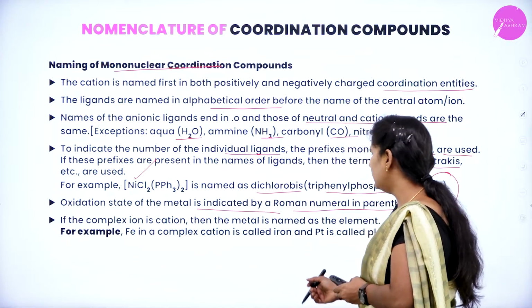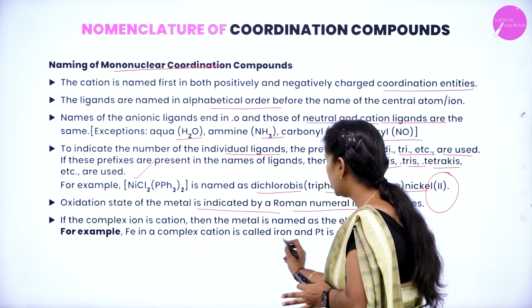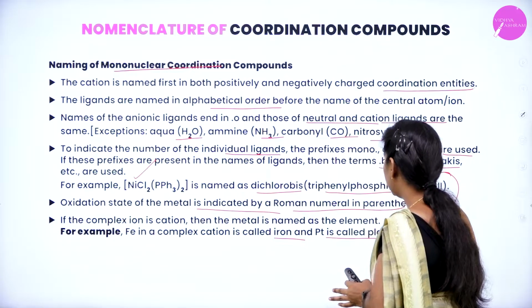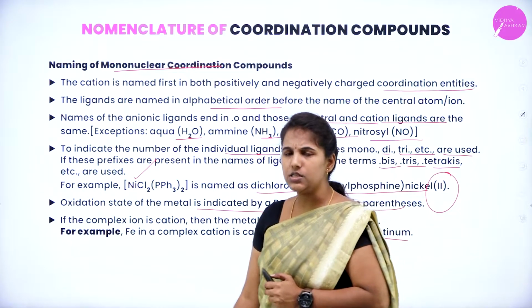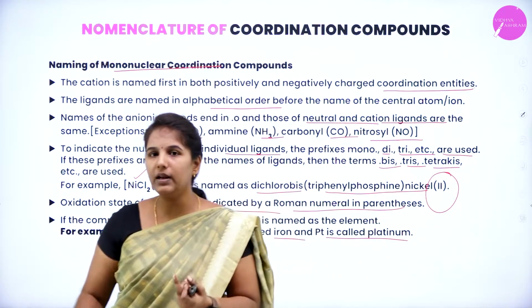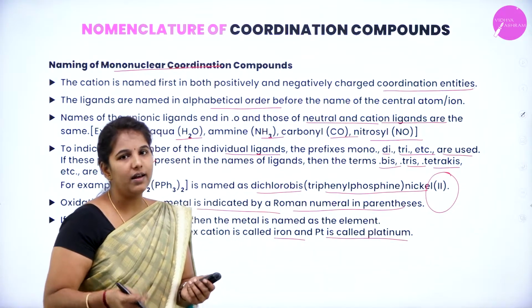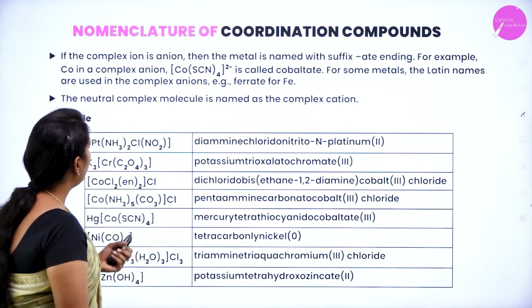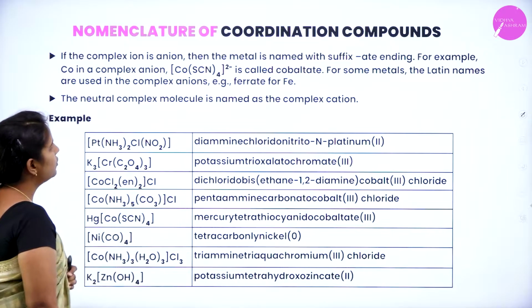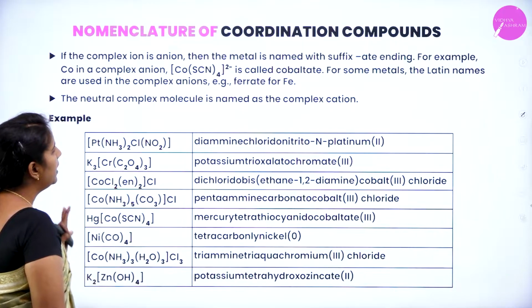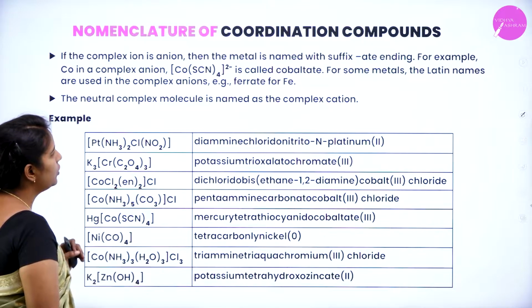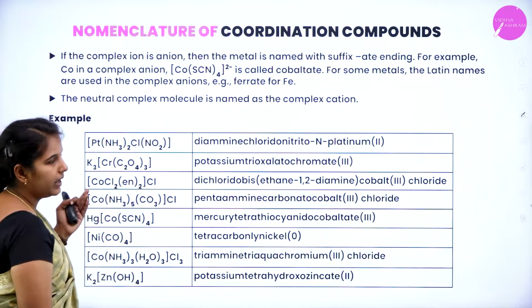For example, iron will be called iron and platinum will be called platinum, etc. You will see all these rules while doing the nomenclature by taking some examples. And the last rule says that if the complex ion is an anion, the metal name will be used with the suffix ate at the ending.